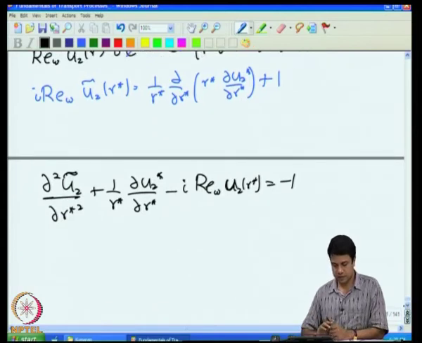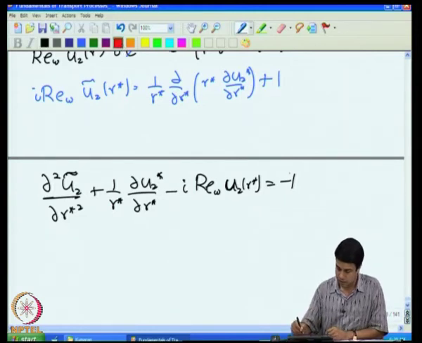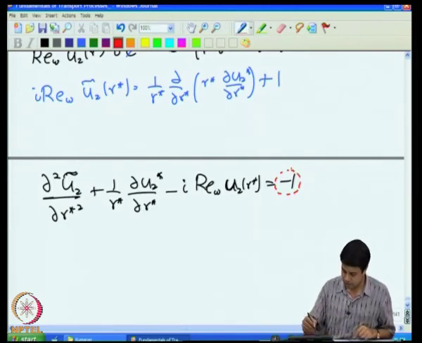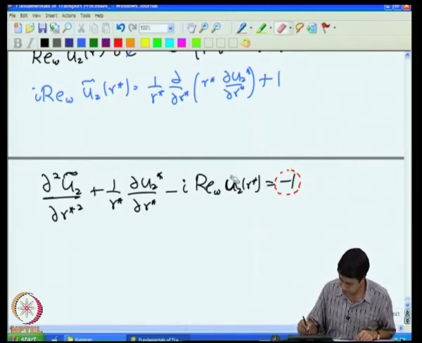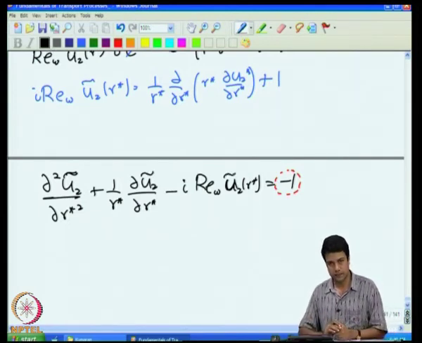This is a second order linear differential equation with an inhomogeneous term. Let me just correct some things here. This is a first order linear differential equation with an inhomogeneous term.